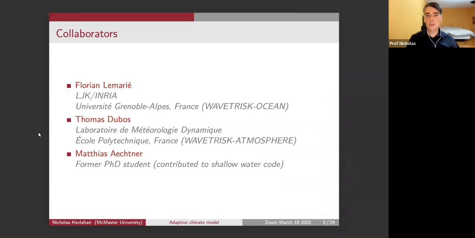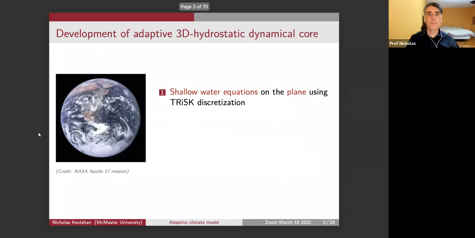Thomas Dubos, who has been at the origin of this and is in Paris, has helped me with the atmosphere part. These are the two main components I've developed so far in the Earth system model. And my former PhD student, Matthias Eppner, did a lot of the development of the shallow water code, the two-dimensional version of the code. He's now back in Germany working in a private company.